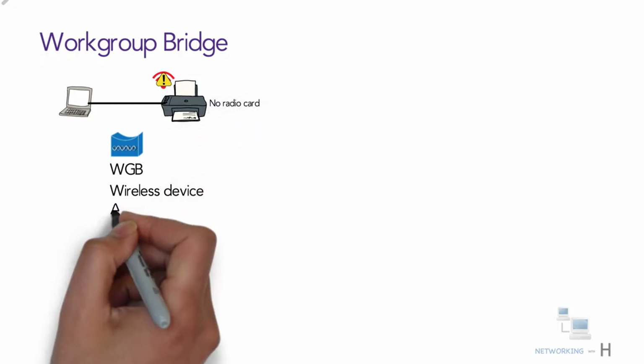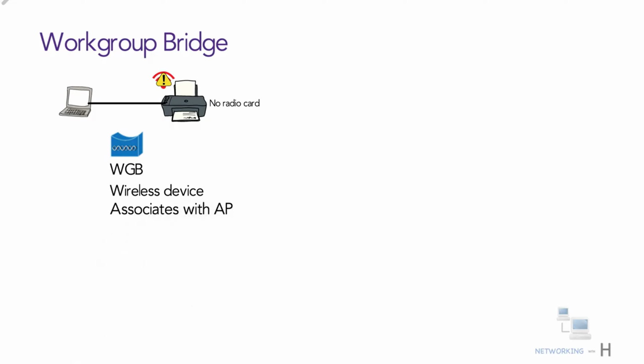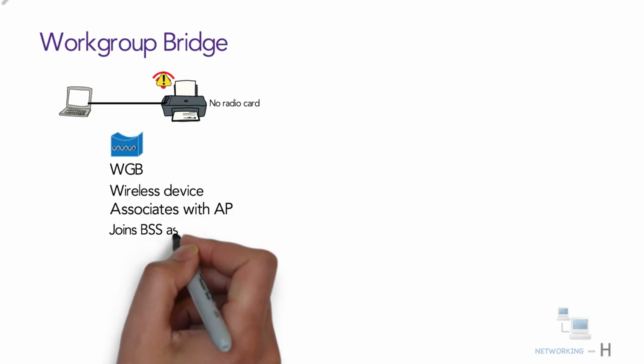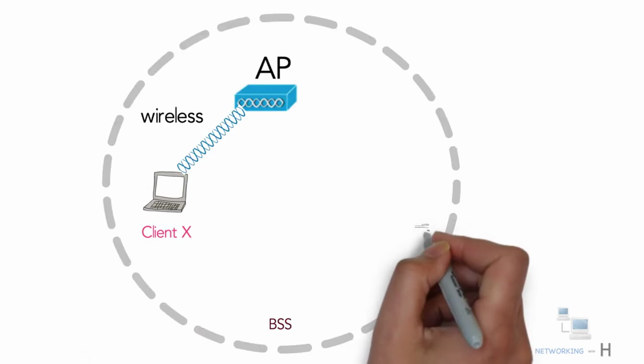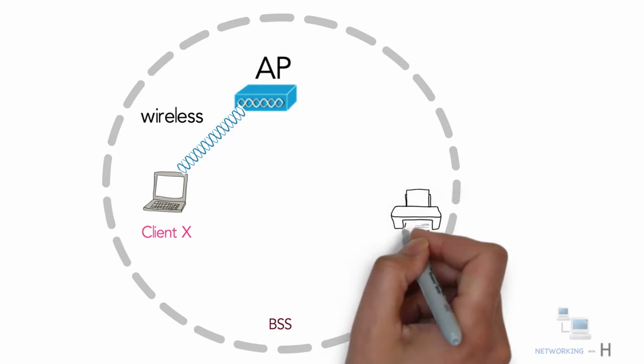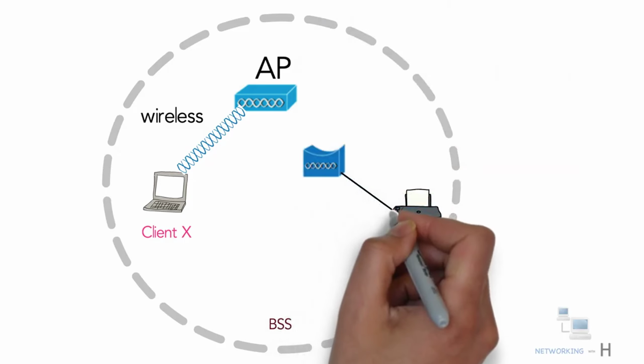The radio card inside the workgroup bridge associates with an access point and joins the basic service set as a client station. For example, some network printers or medical devices might be designed with only a wired connection. You can use a workgroup bridge to connect the device's wired network adapter to a wireless network.